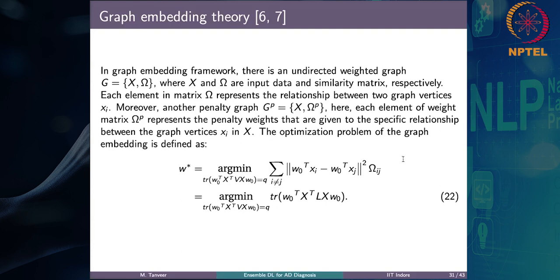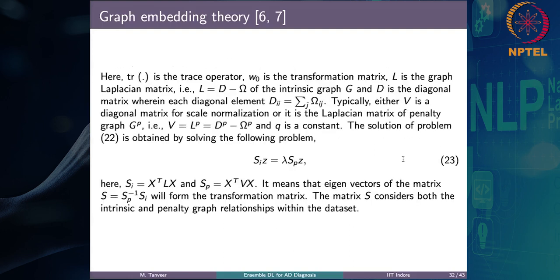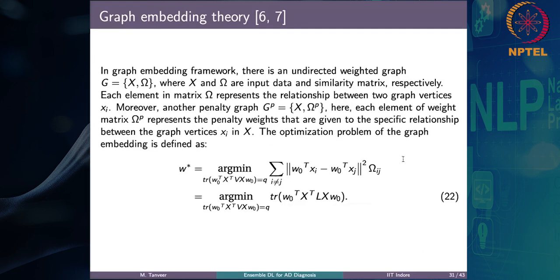So we can see that W star is arg min summation norm of W naught transpose Xi minus W naught transpose Xj squared sigma Ij. And then we can rewrite this in this manner. And then we explain the meaning of it.